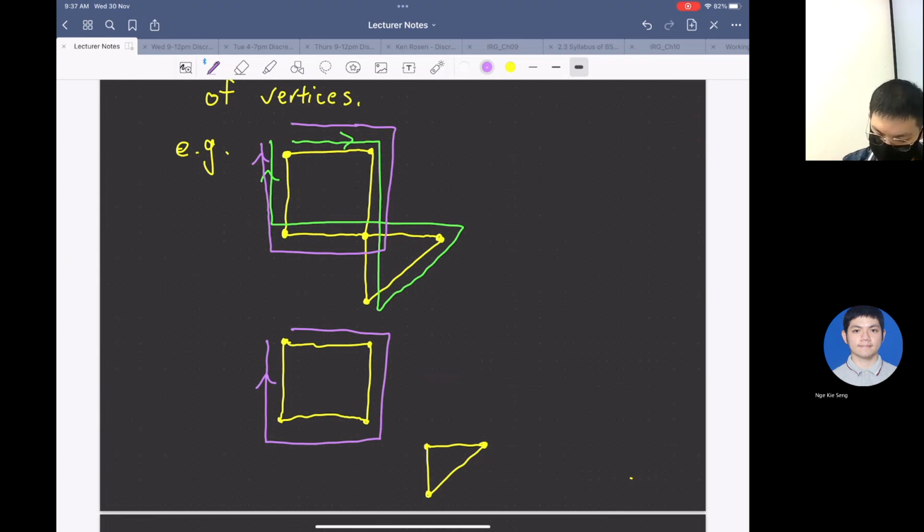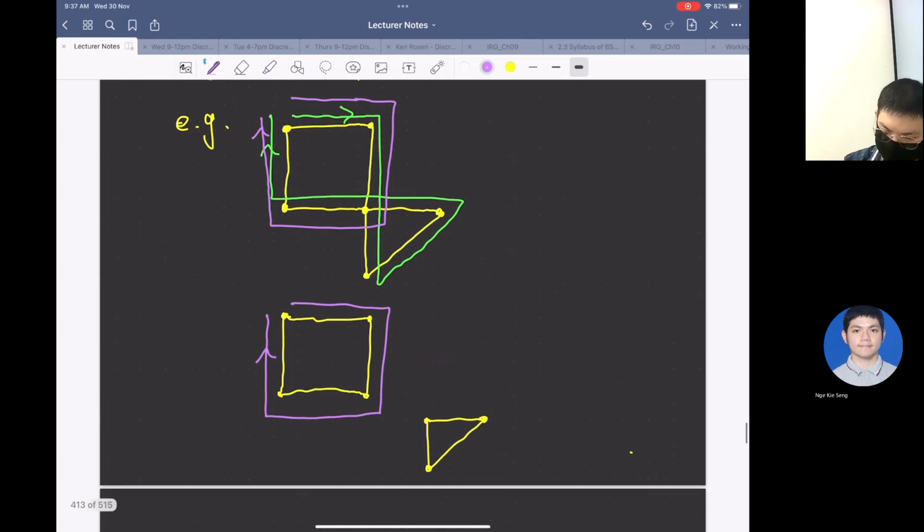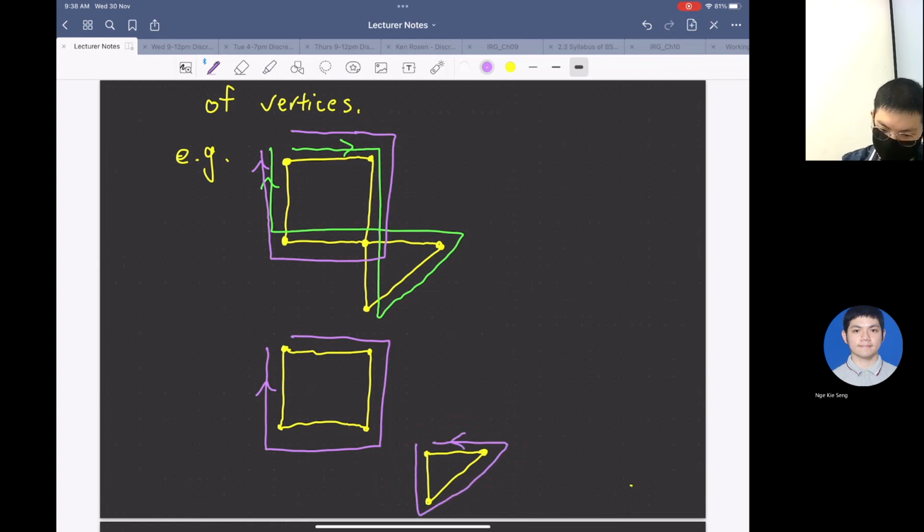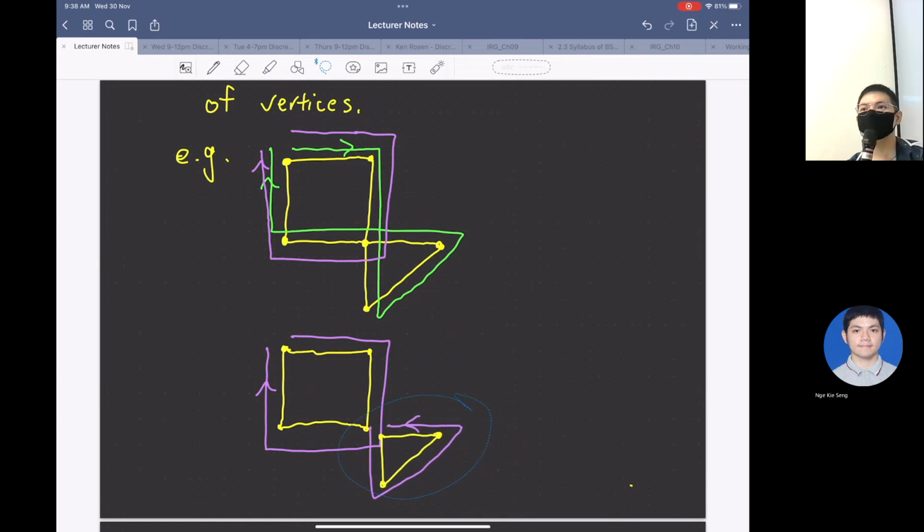Then you should ask yourself whether you can find another Euler circuit for the other part of the graph. Okay. If you can do it, because this one is connected, right? So you can connect these two Euler circuits back. Okay. And then all together you can get the whole Euler circuit, the green one.